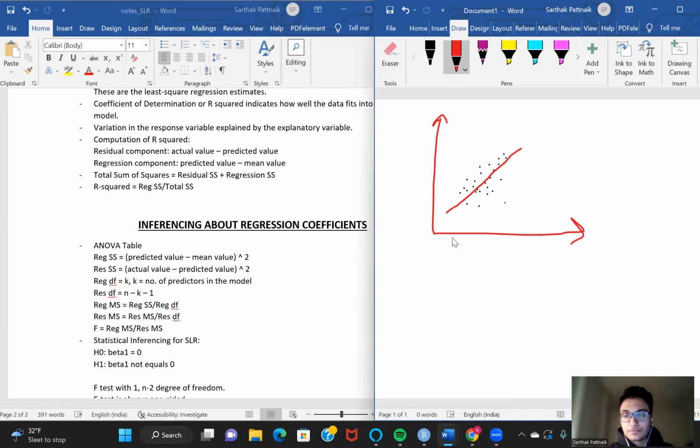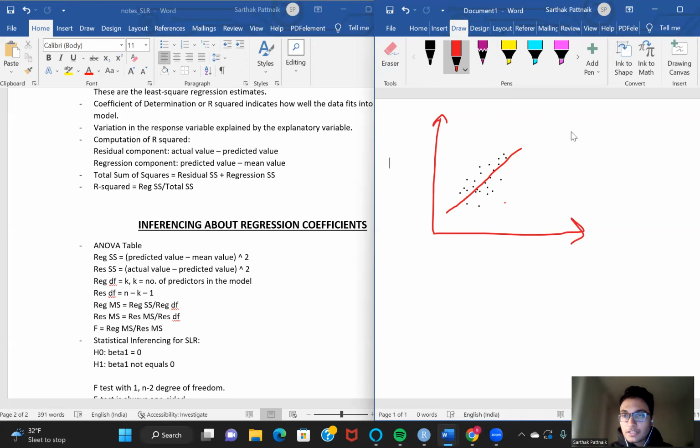Also, it can be understood by saying that coefficient of determination measures the variation in the response variable that is properly explained by the explanatory variable. All right. So this is the fundamental concept.